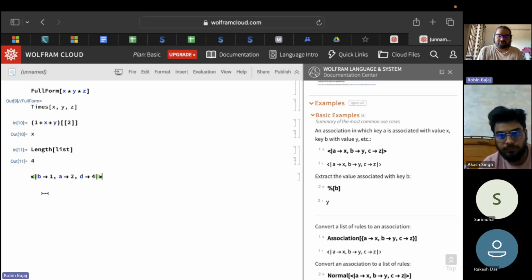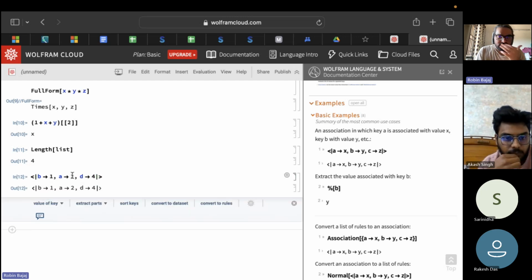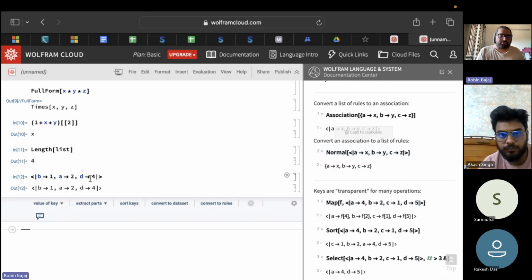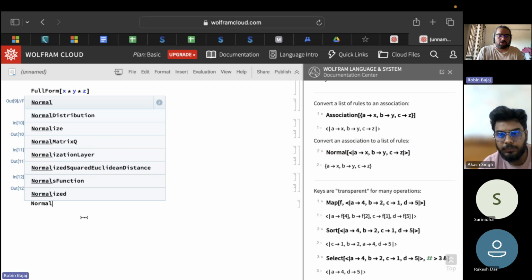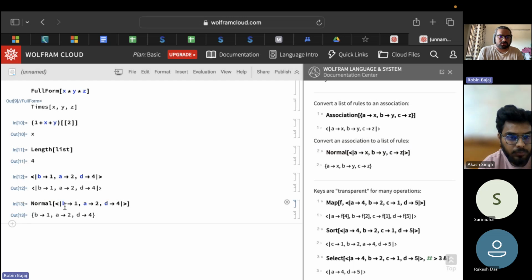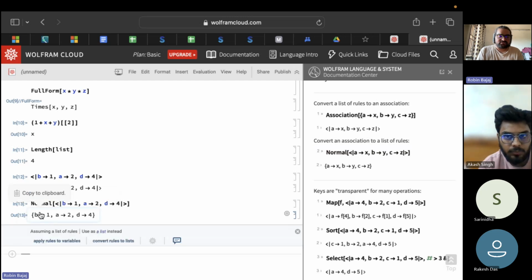Okay, so if I do Shift plus Enter, that is the association I have defined. Now there are different functions of association. You can convert it into a list by doing Normal of this association. Let me copy this. It will change the association to a list. So it has three elements, which are nothing but the associations.